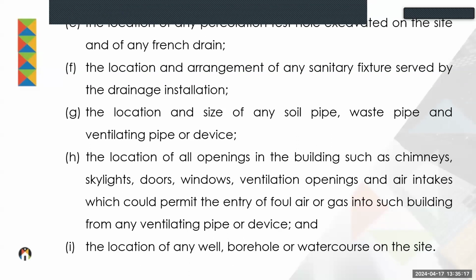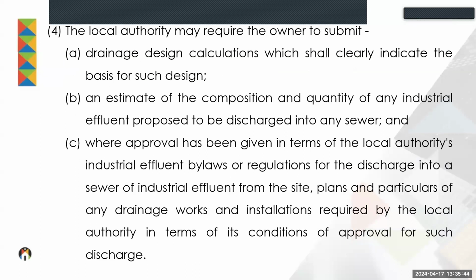The arrangement and the location of sanitary fixtures served by this drainage installation, the size of soil pipes, waste pipes, and ventilating pipes, the location of all openings in the building, such as chimneys, skylights, doors, windows, ventilation openings, and air intakes, which could permit the entry of foul air or gas into the building from any ventilating pipe or device, the location of a well, a borehole, or a water course that's on the site.